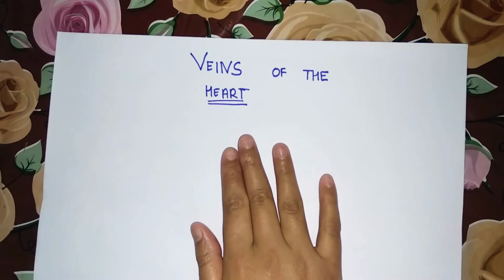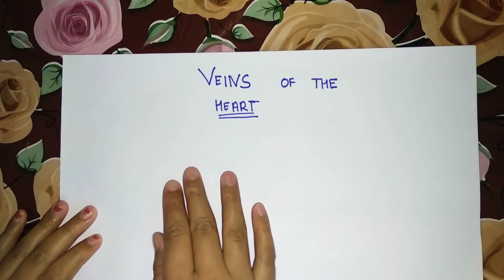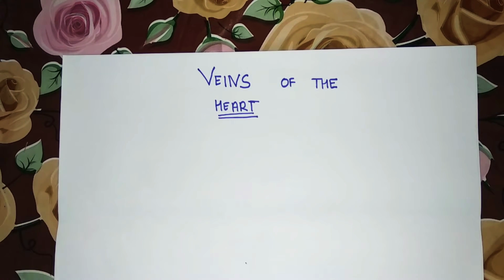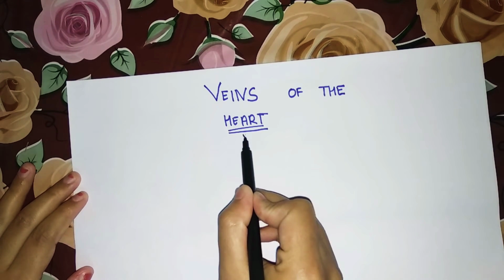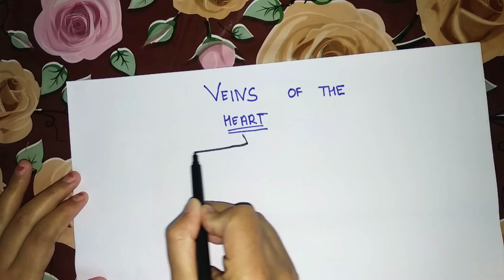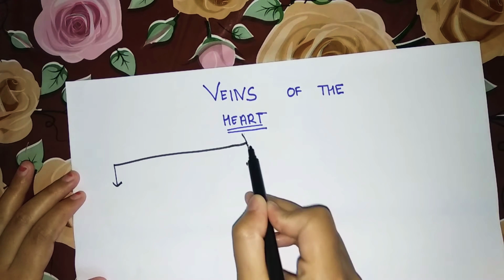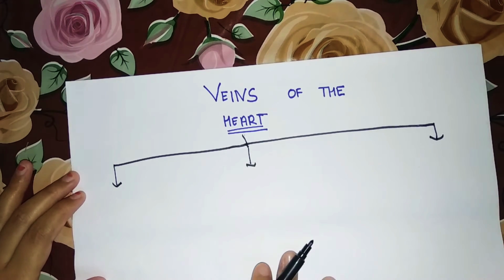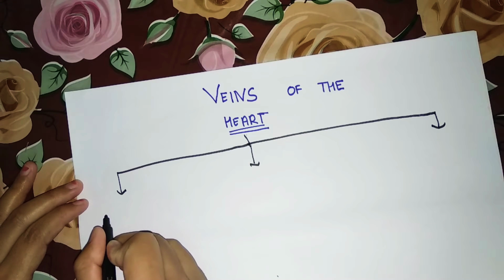There are three veins which drain into the right atrium. We'll study only the theory part today. The first one is the coronary sinus.